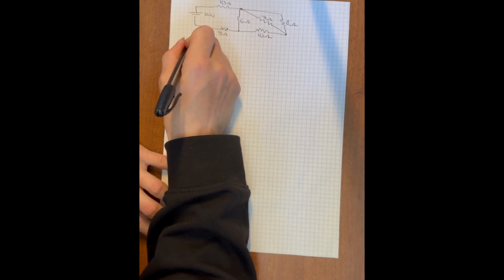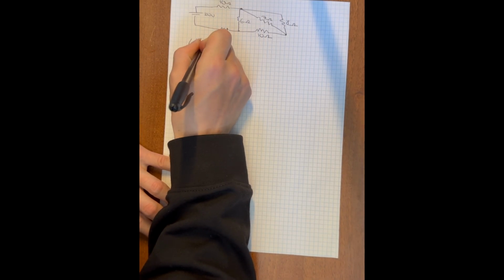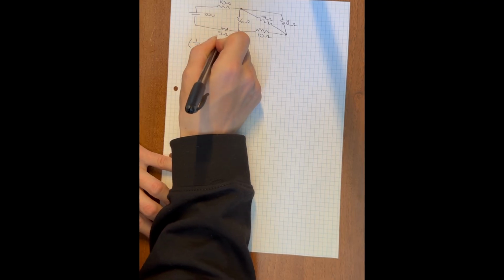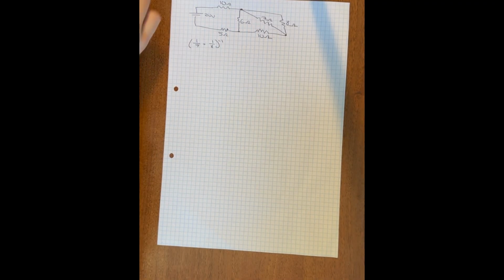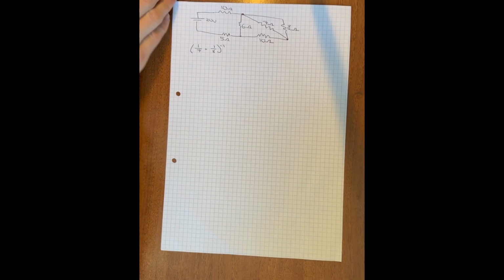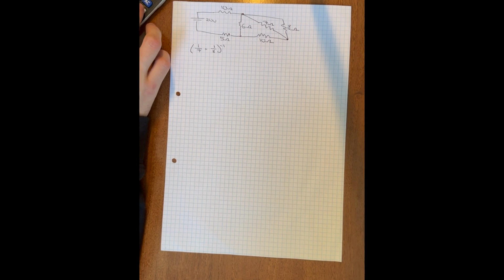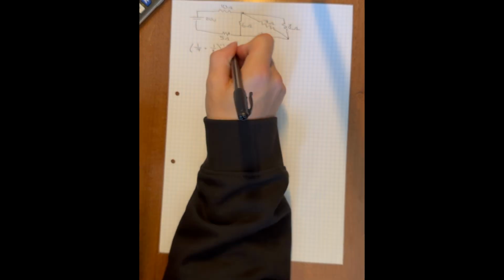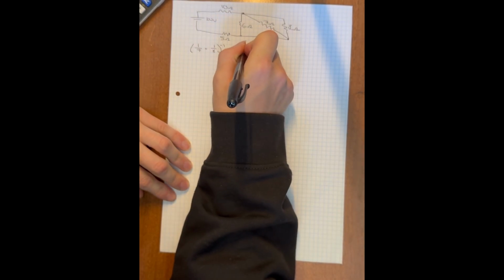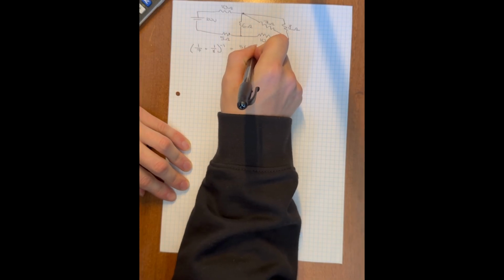So we can just add them up, 1/7 plus 1/8. That'll give us 56/15.